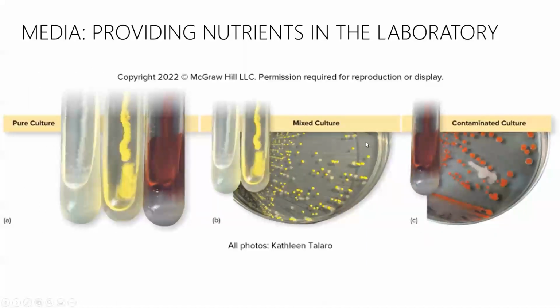A little bit more on the media, or the food that we're giving our microbes. It provides nutrients in the lab, because we're using an artificial environment. And one of the big goals of using media is to get a pure culture.